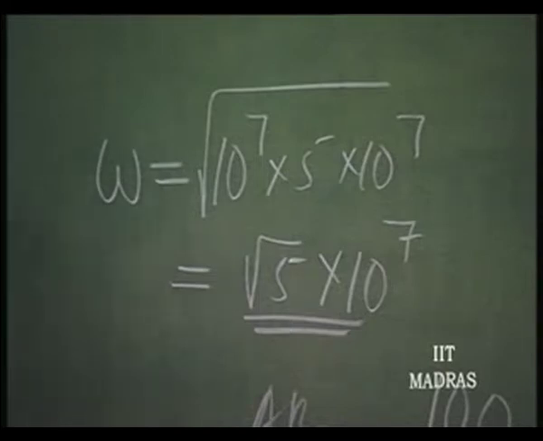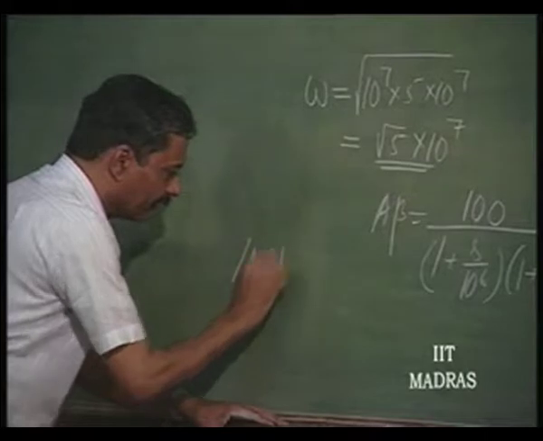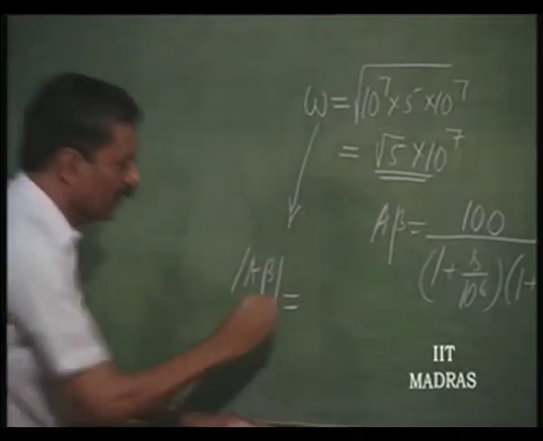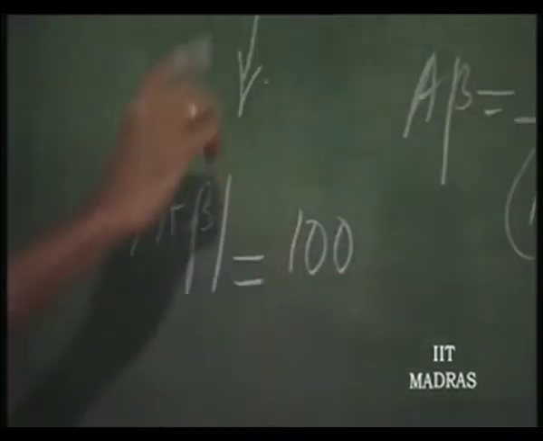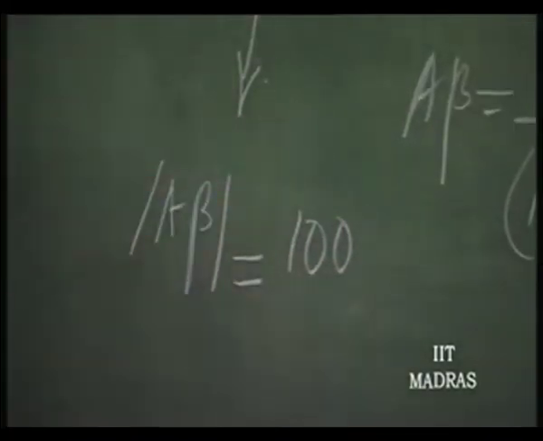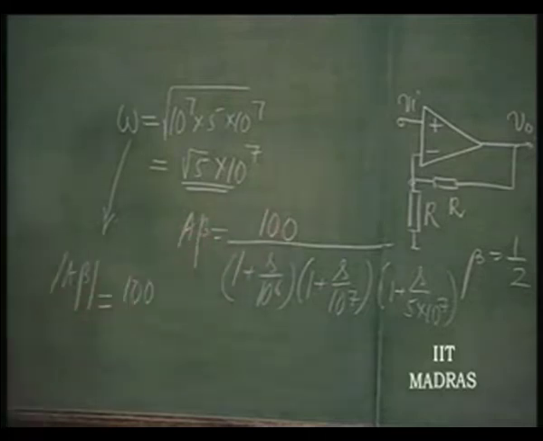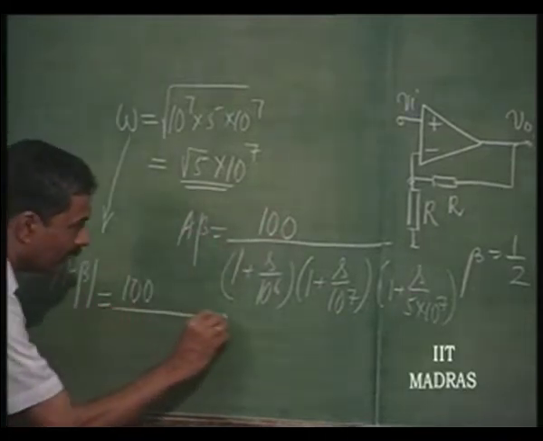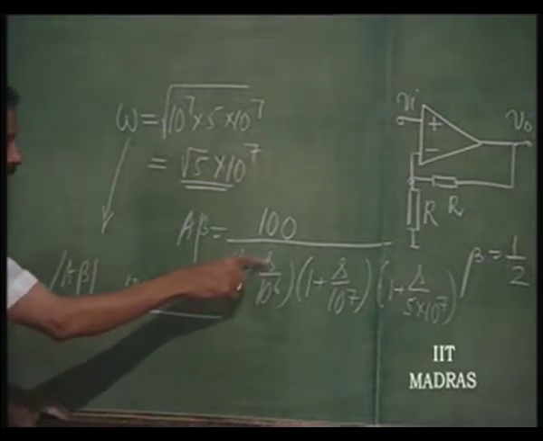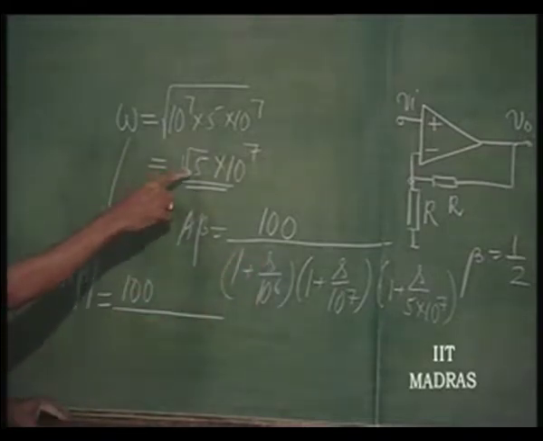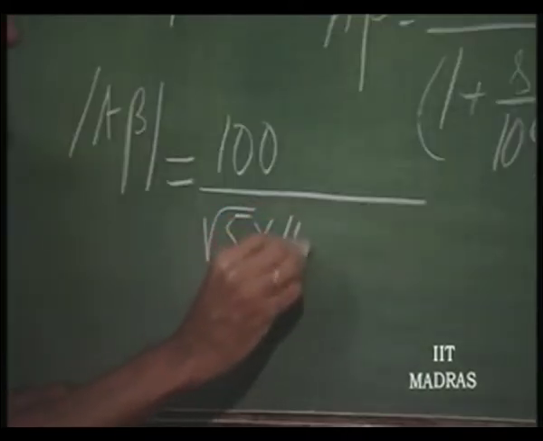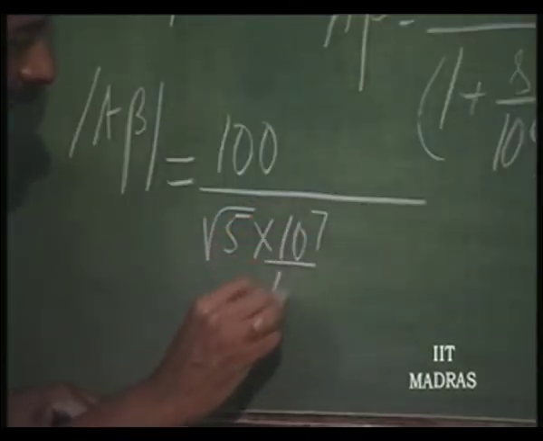Now, the magnitude of A beta at that frequency equals 100, that is 200 into half, that is what has become 100 there. So, that is divided by, now this is dominant because it is root 5, so that 1 can be ignored, root 5 into 10 to power 7 by 10 to power 6.